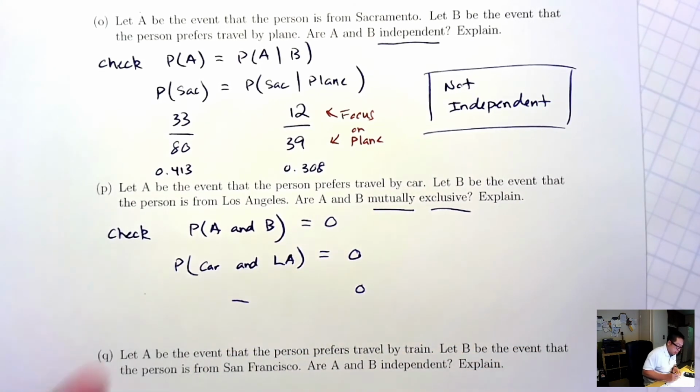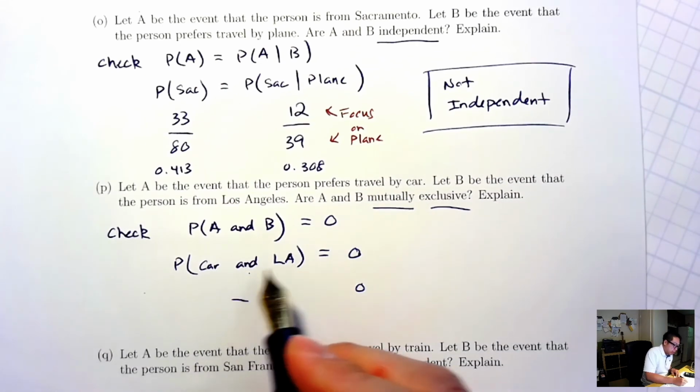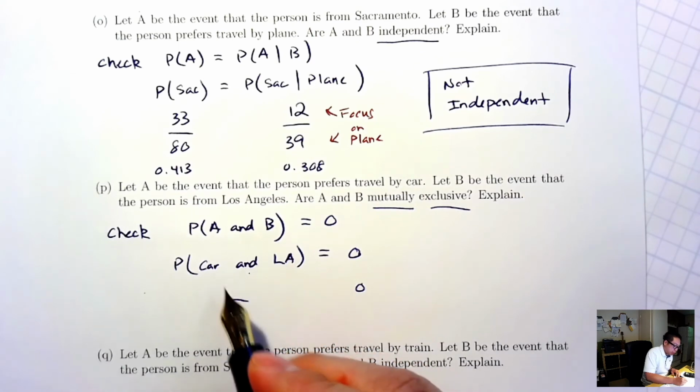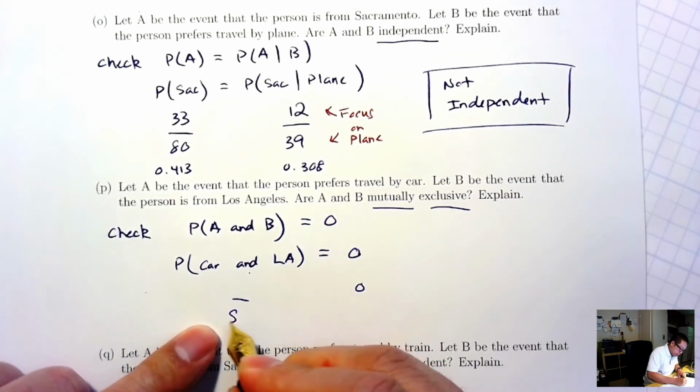Left side, probability of car and LA. Okay, so this is and, so probability that the person is from LA and at the same time prefer car. The bottom here is going to be everybody, so it should be 80.